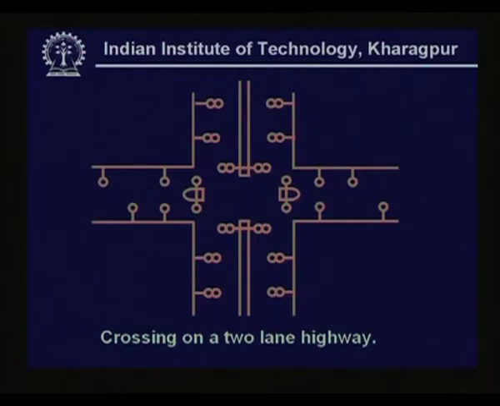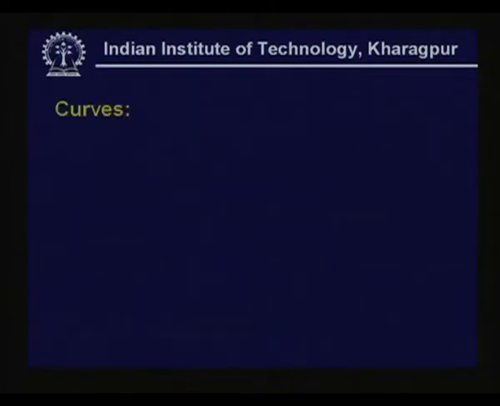But observe, around the junction the number of lamps has been increased. As already pointed out, at junctions you tend to increase the luminance levels. This is what has been done. So, as you approach the junction, the luminance levels are increased.